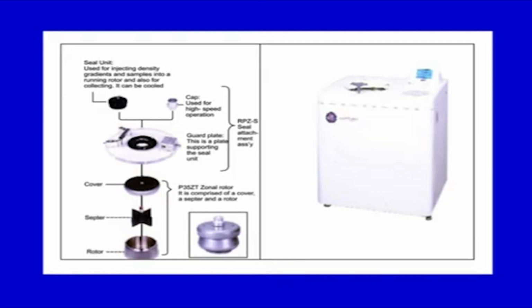After separation, the separated sample will be taken out through the center by injecting high density liquid from the outside wall of the zonal rotor while the rotor is running. So, we will see that there are two types of batch type rotors, one where loading and unloading is done while the rotor is spinning and one where the loading or unloading is done when the rotor is at rest.